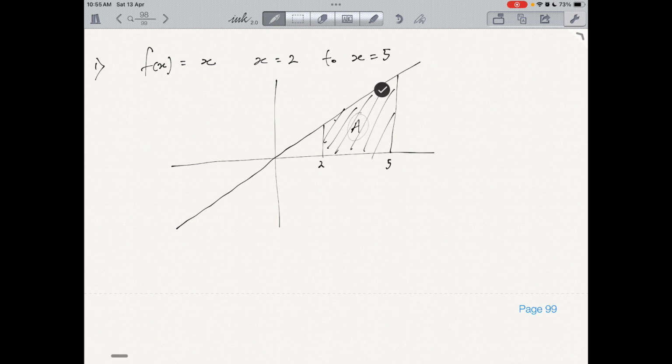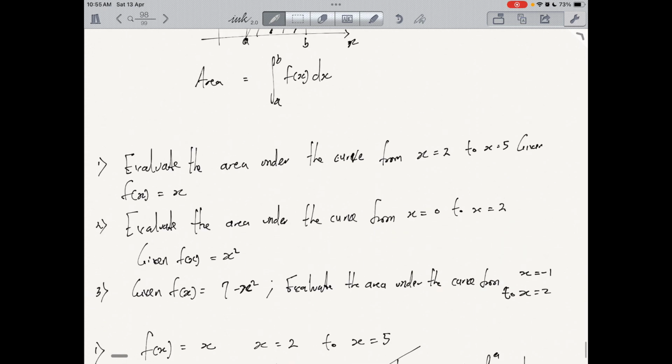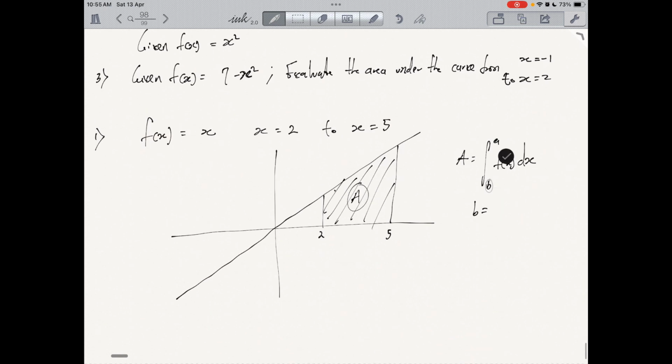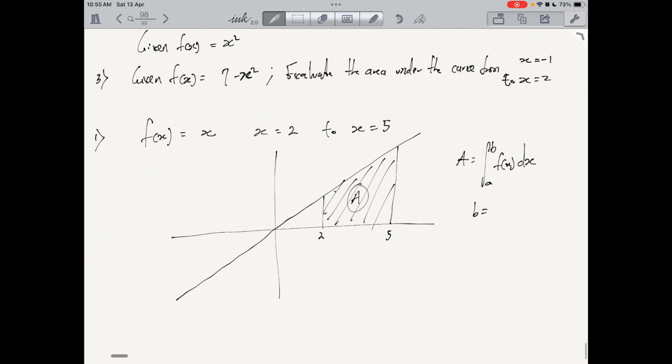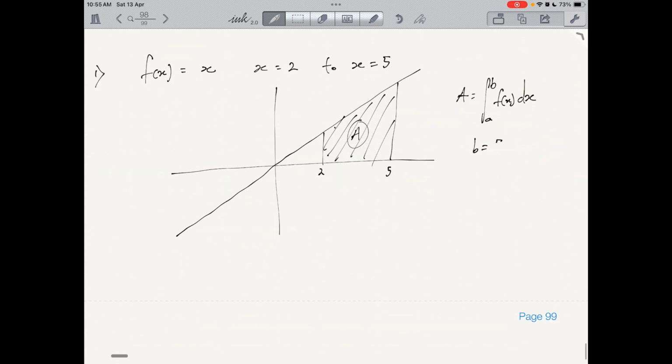Now we know that the formula for area is the integral from a to b of f of x dx. And b in this case, which is the upper limit, is 5, and a is 2.